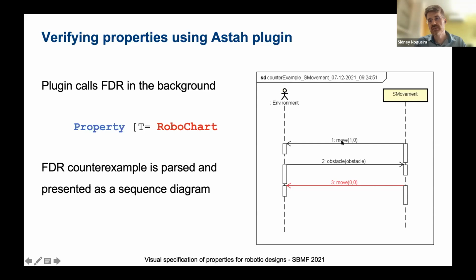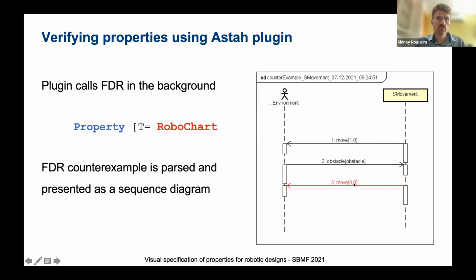So in this example here, the model calls the move operation, the platform generates an obstacle event, and then the model calls move 0, 0, but this is not in the property. It did not hold because the property says it must be after an obstacle 0, 0, and 2, the values for the call.